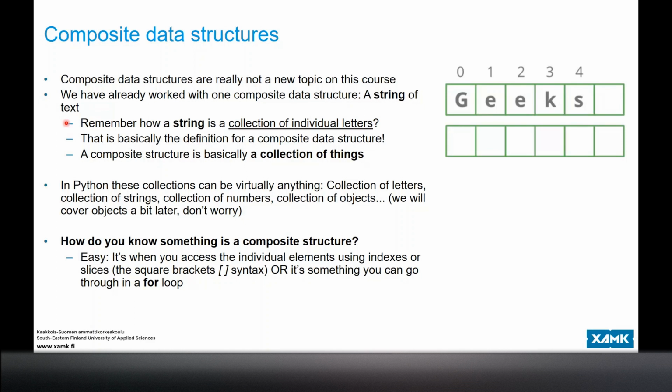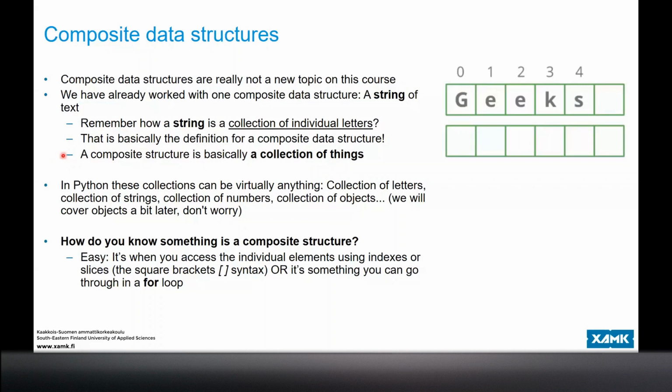in general, we would say a composite structure is a collection of things. So we have some things, not necessarily letters anymore, but just a collection of things. For example, a collection of numbers, collection of letters, or weirdly enough, of words, collection of books, collection of something that go together.